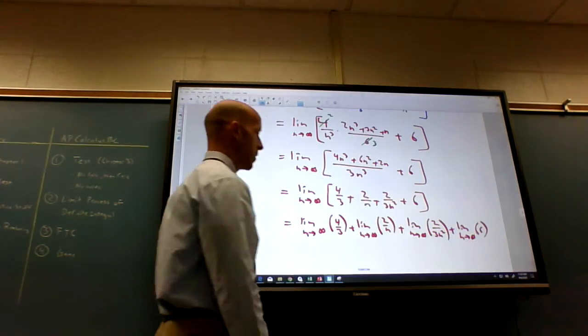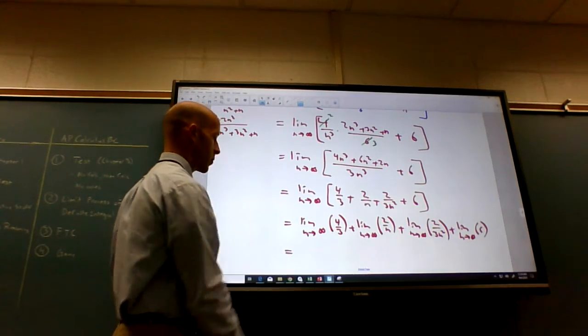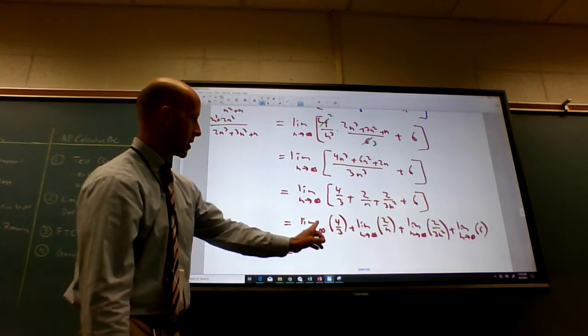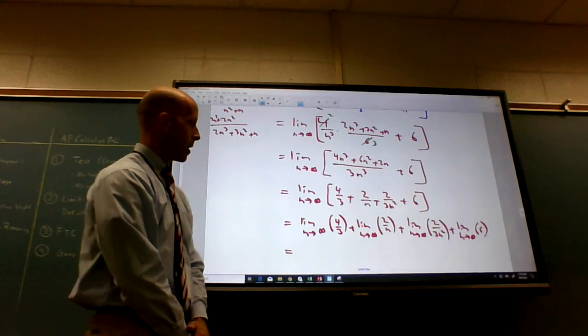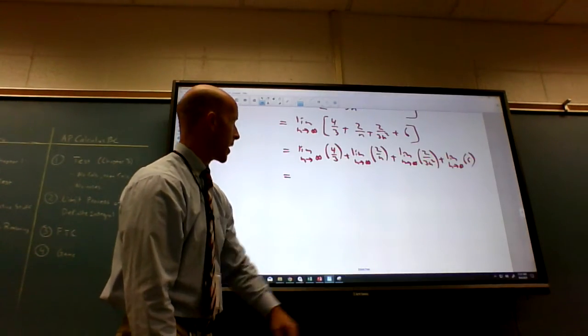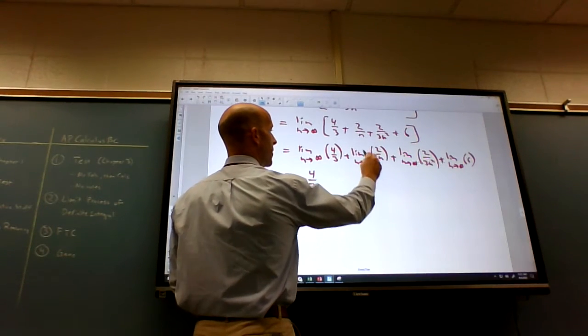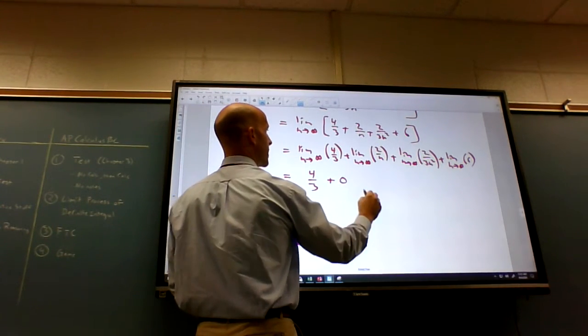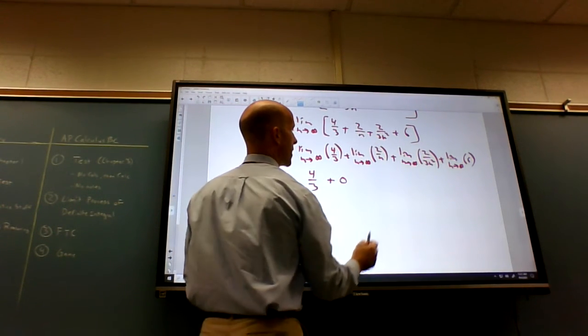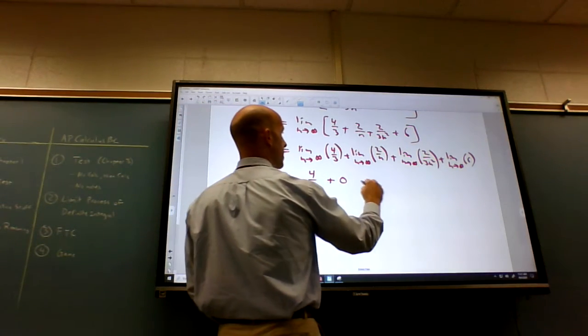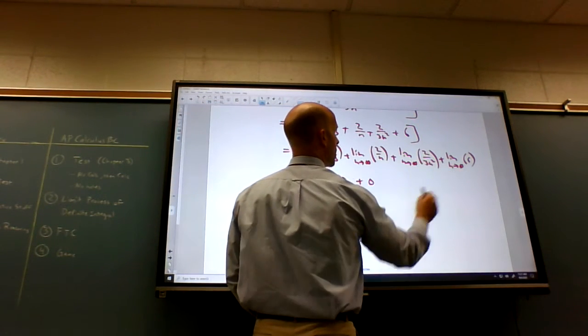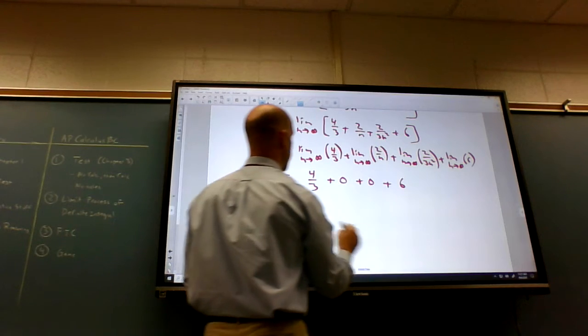Now, you could skip this step, but I just want to make this clear. So what is the limit as we take a constant? Well, that's just 4/3. This limit as n goes to infinity would be 0 because the denominator is going to infinity. Same thing with the next term. The last term is going to be 6.